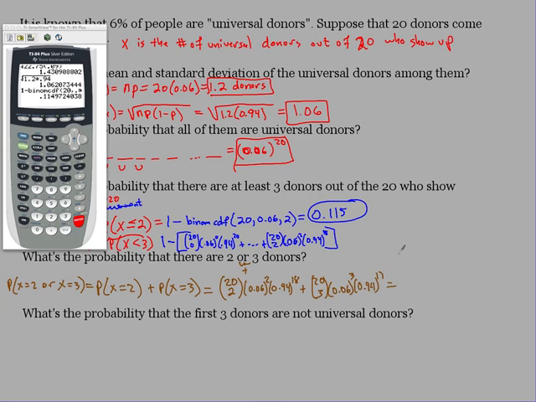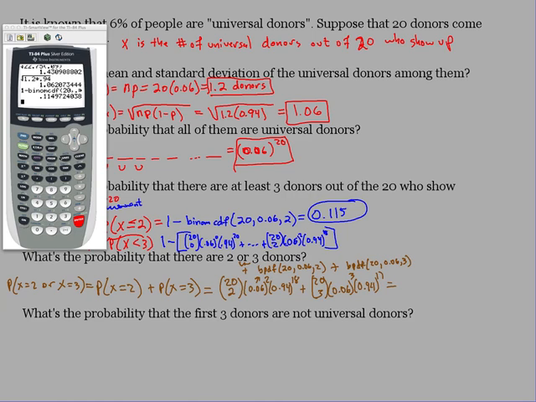Which is equal to, now remember, to get this, it's a binom PDF, and that would be 20, because I picked 20. My success for each donor is 0.06, and I want 2 of them, exactly, because it's a PDF. And I would add binom PDF. Here I have 20 again. The probability is the same, but I want 3 this time.